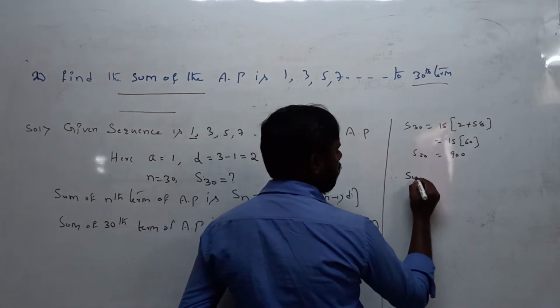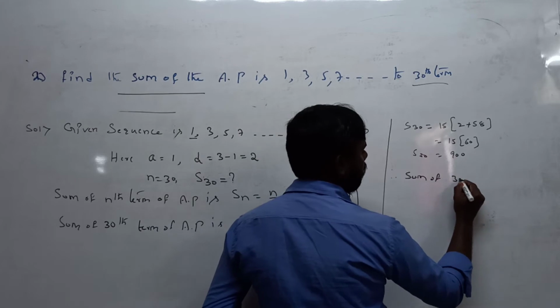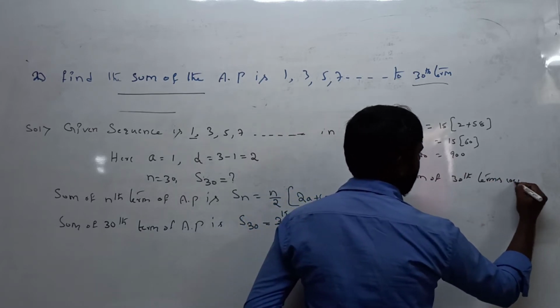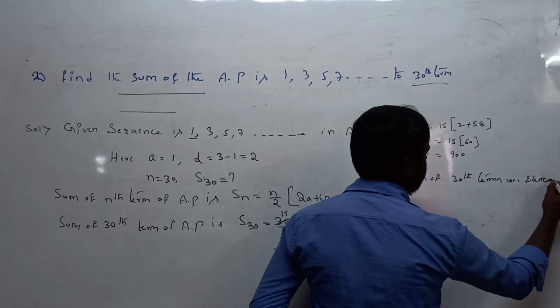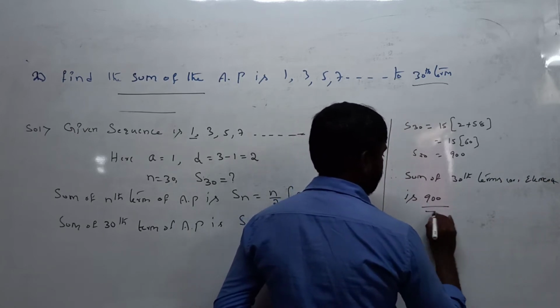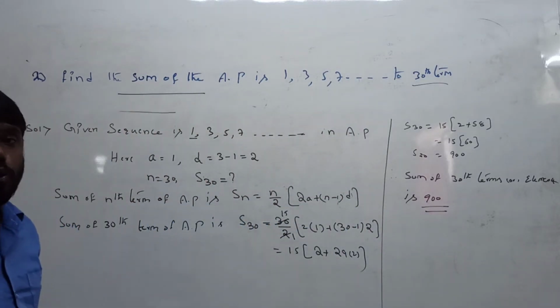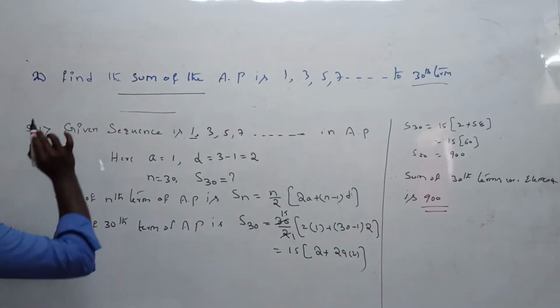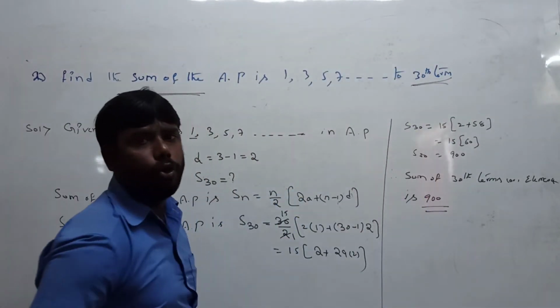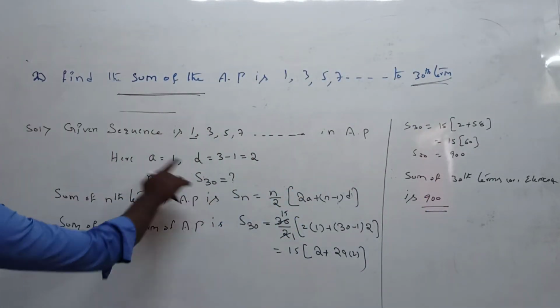Right, the conclusion: the sum of the 13 terms or elements is 169. Is it clear? What they are asking is to find the sum of the 13 terms.